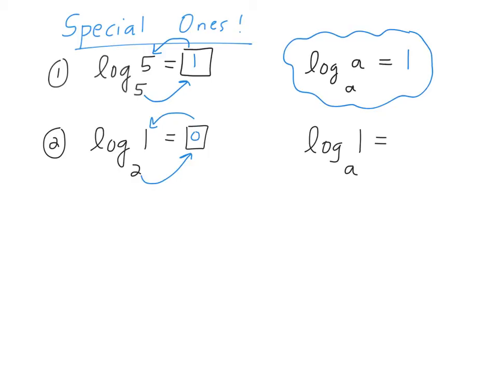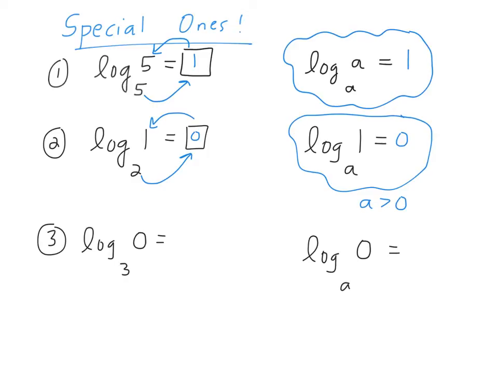Recall a 0 exponent will give you 1 for your result. So anytime we have a log of 1, it doesn't matter what the base is, you're going to get 0. Well, I should be careful: your a value has to be greater than 0. If it's not, it'll be undefined, as we'll see in a moment.